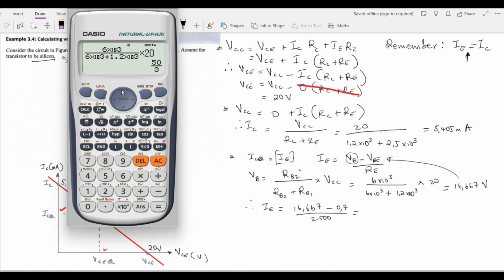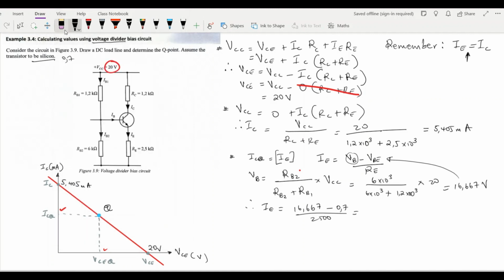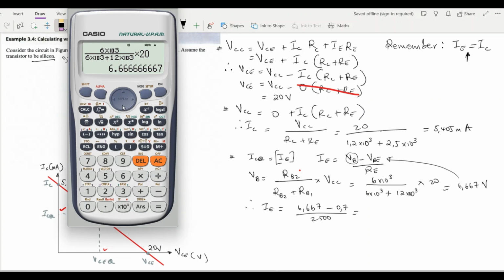That value can't obviously be greater than that one. Yes, I think we made a mistake here. This was supposed to be 12. Let us fix that. This was supposed to be 12 and this was supposed to be 6.667.